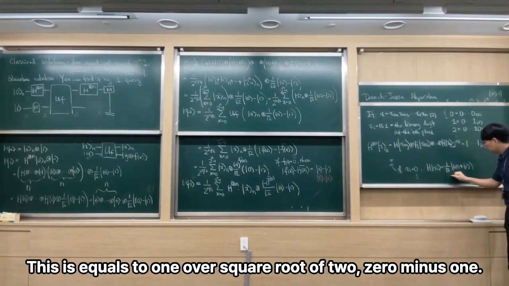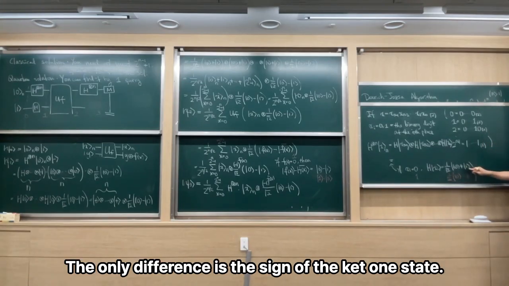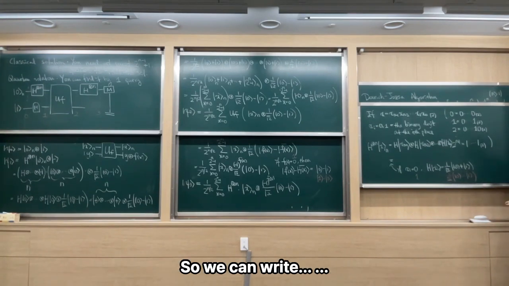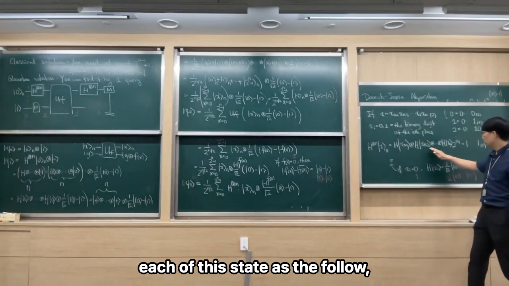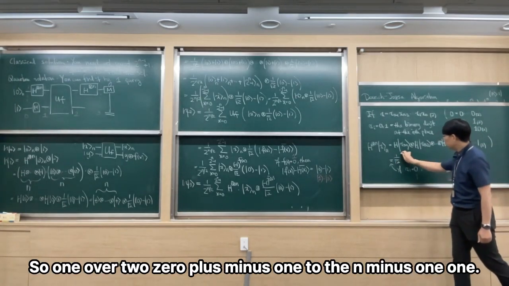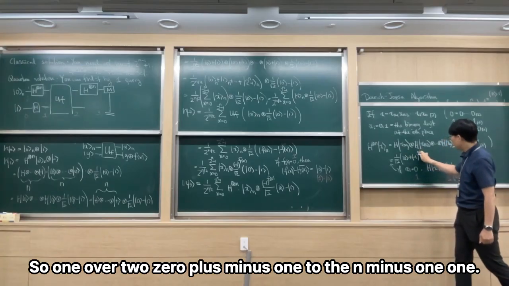This is equal to 1 over square root of 2, ket 0 minus ket 1. The only difference is the sign of the ket 1 state. It becomes plus to minus. So we can write each of these states as follows: 1 over square root of 2, ket 0 plus minus 1 to the x_i, ket 1.